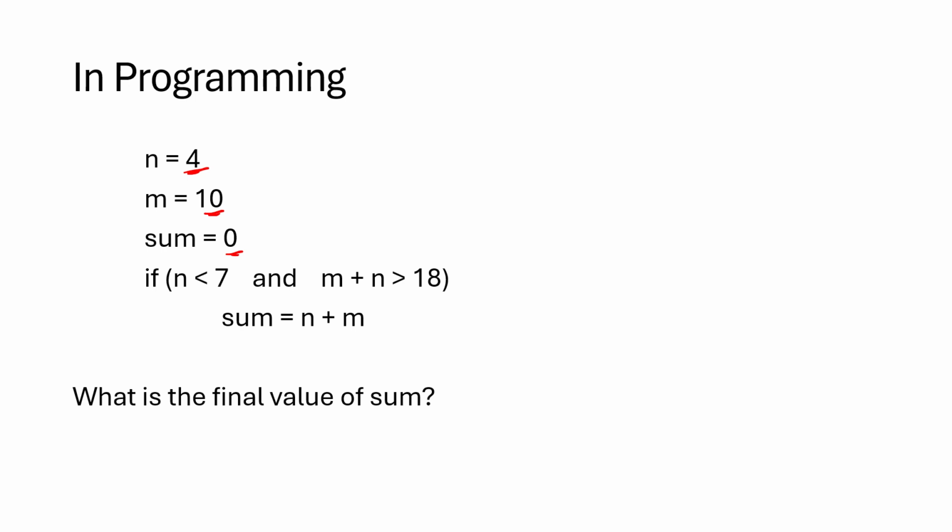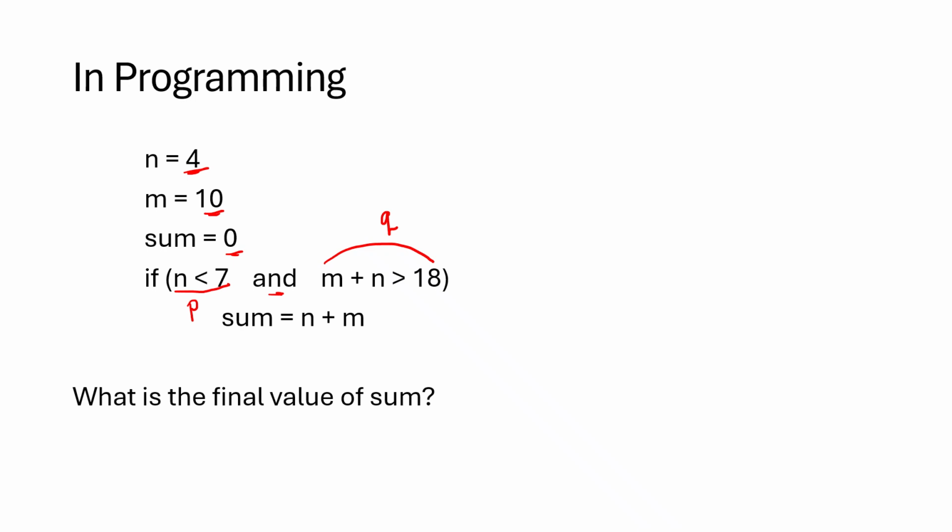Now we have a conditional statement, and the condition of this if statement is a compound proposition, because we have this proposition here, let's call that P, which says n is less than 7. And then we have this other proposition here, let's call that Q, that says m plus n is greater than 18. If n is less than 7 and n plus m is greater than 18, then sum gets updated to n plus m.